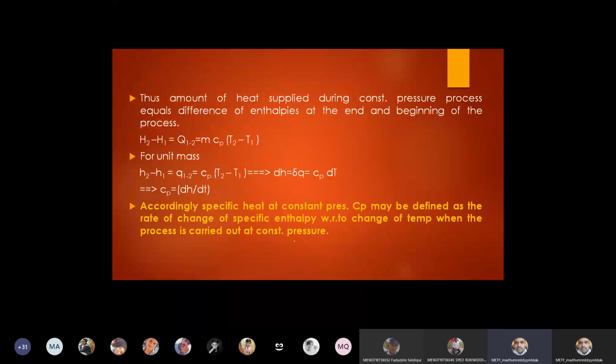Therefore, we define Cp equals dH by dT. Cp may be defined as the rate of change of specific enthalpy with respect to temperature when the process is carried out at constant pressure.